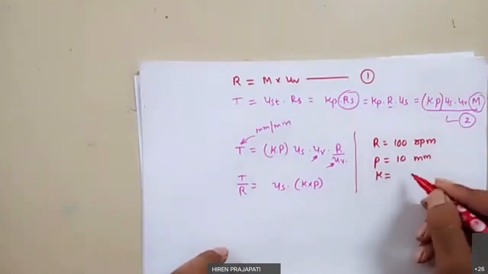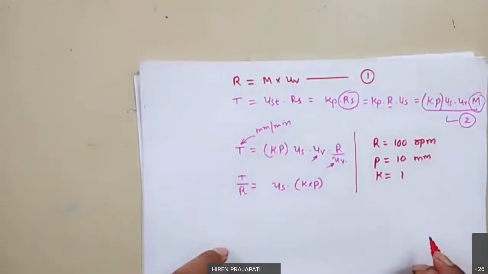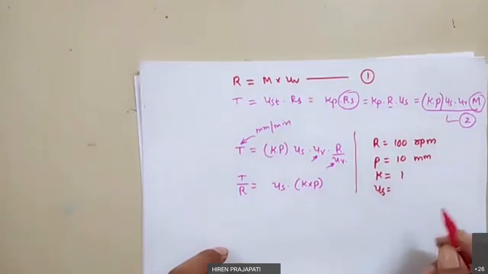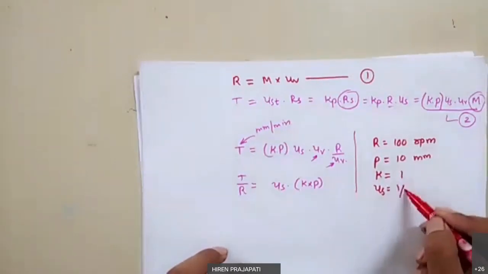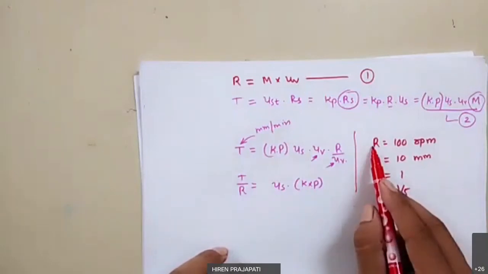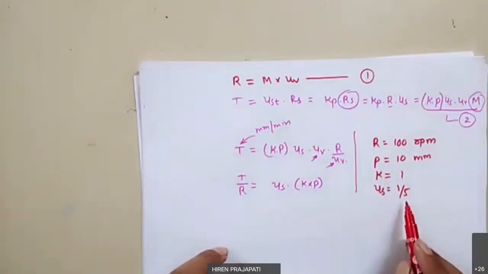Generally the number of starts on the lead screw is 1. US, suppose I am setting 1.5, means we are reducing speed, right? It is reduced by 1.5, right?